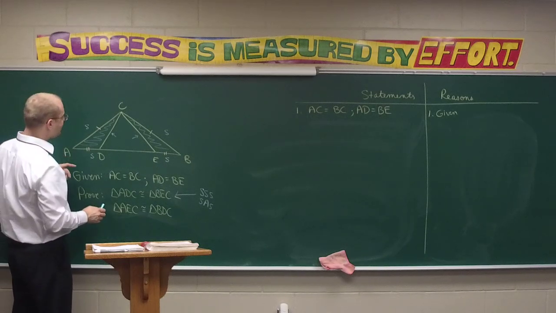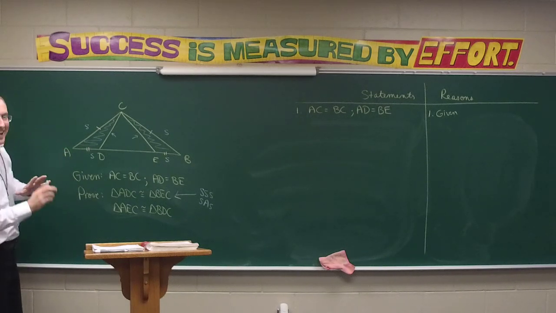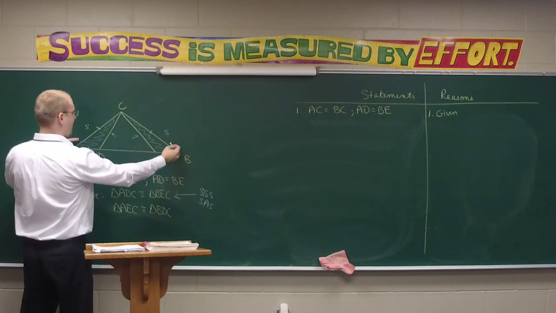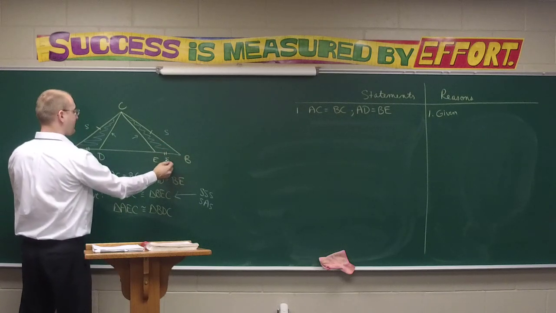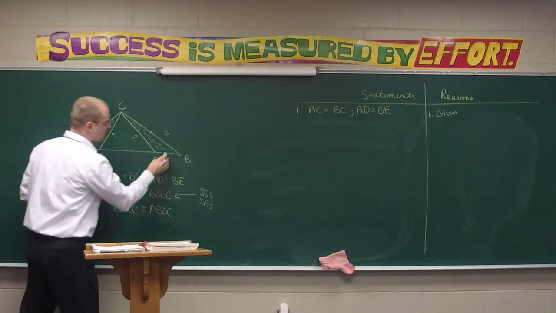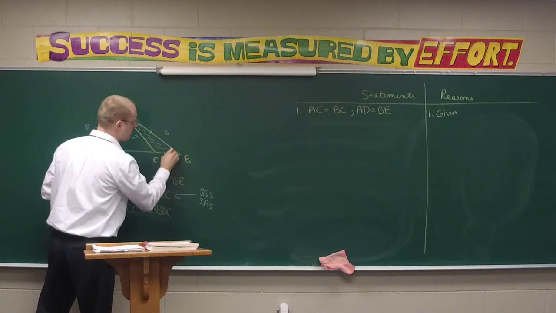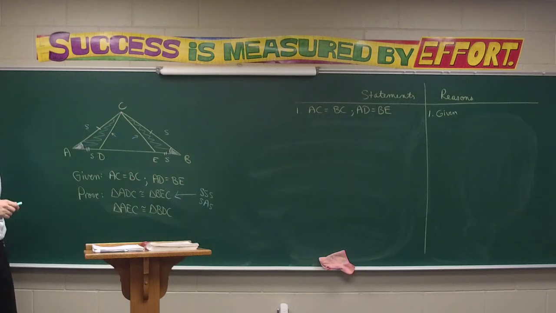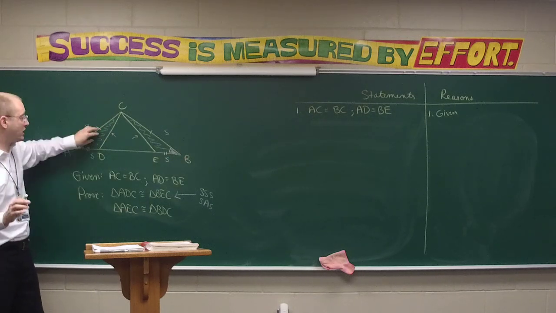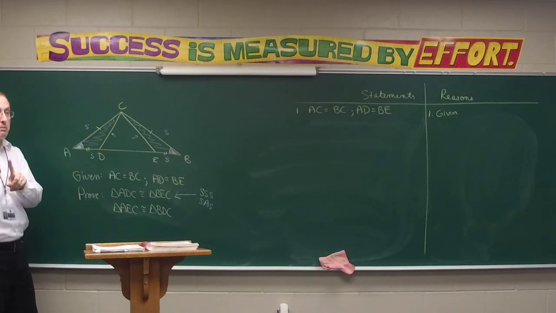Or I need to get a pair of angles equal, but it's not any pair of angles. For it to be side, angle, side, this angle at A would have to be equal to this angle at B. And hopefully that's what you locked in on. Since this is a great big triangle, yes, I know it's been broken into 3 little pieces, but it's still one big triangle.